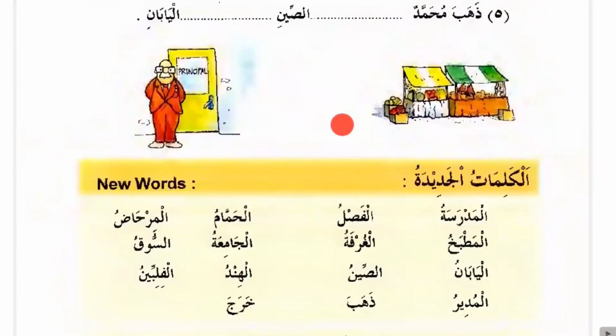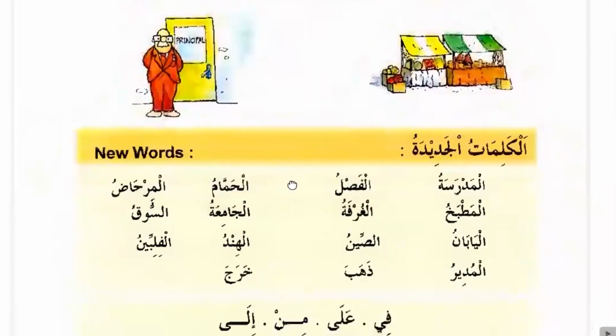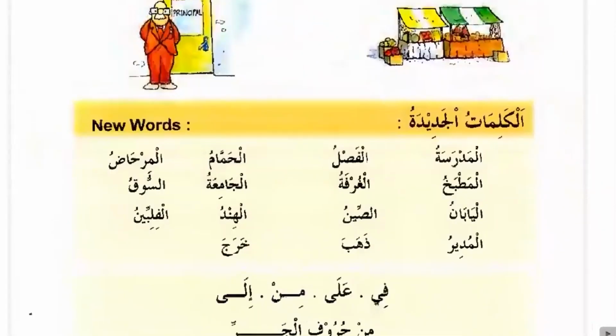We have here al-kalimatu al-jadida. These are the new words we have come across in the lesson, right? So the first one is al-madrasatu, that is the school. Al-faslu, the classroom. Al-hammamu is the what? The washroom. Al-mirhadu is the toilet.